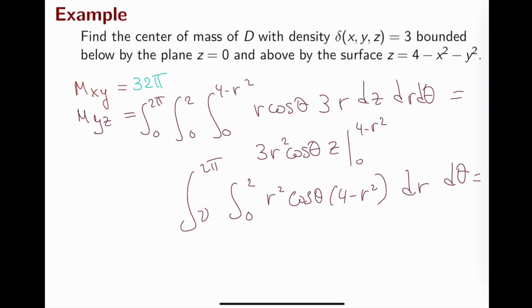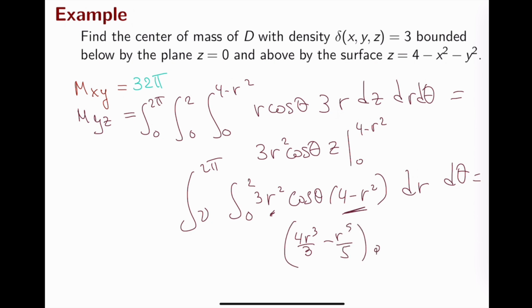Okay, so in order to integrate this, now the cosine, we have a 3 also there, the cosine is also a constant together with the 3, so they can all go out of the integral, and so we are going to get 4r cubed over 3 minus r5 over 5.